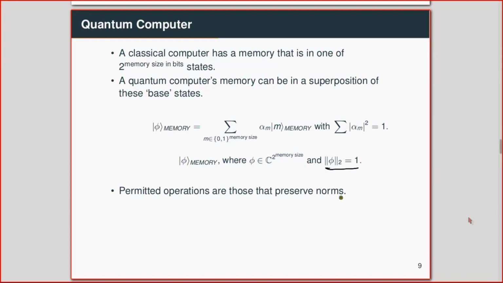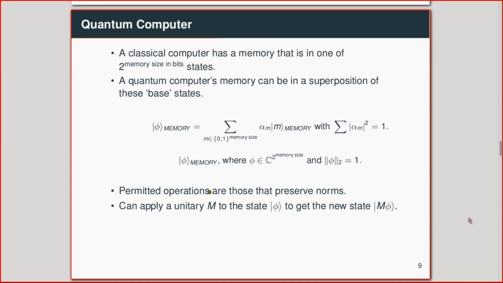So after you've done the operation, the resulting state should also have norm 1, because that's the only way in which it's a valid state of the memory. So we want operations such that no matter what vector is fed into that operation, the output vector should also have norm 1. And it should also be a linear operation, because that's how the left spread and right spread worked.